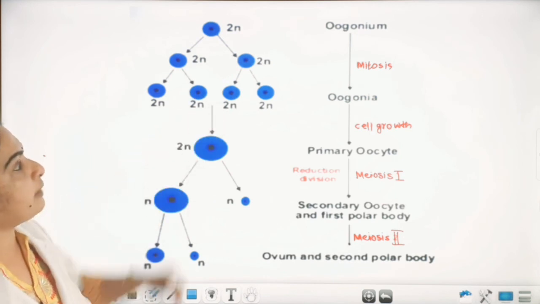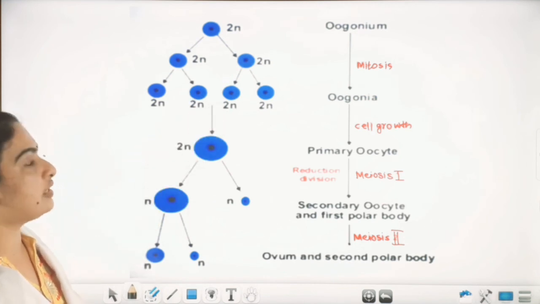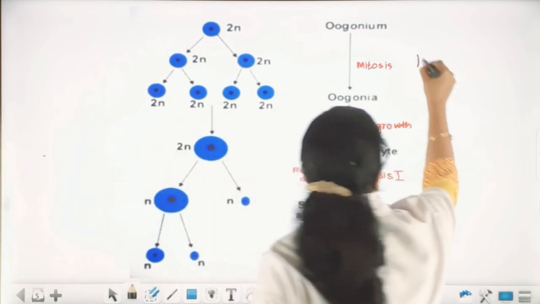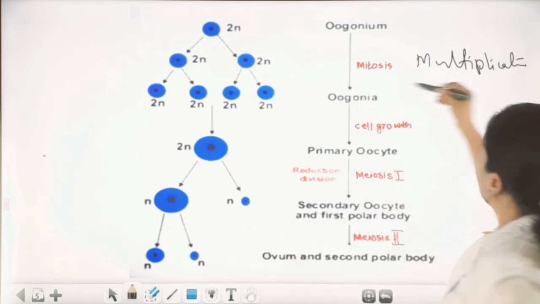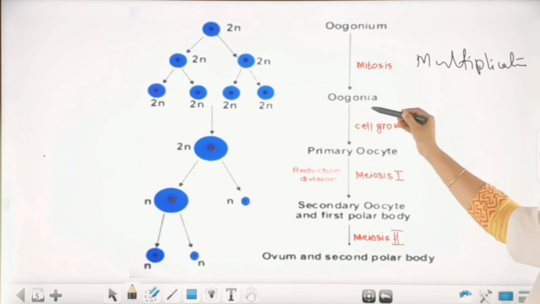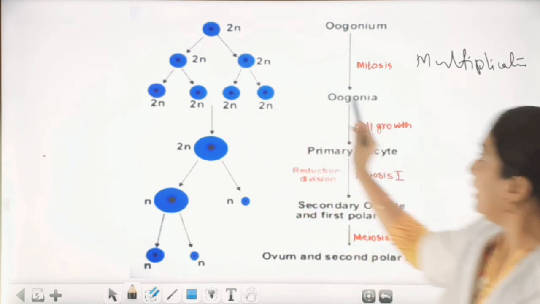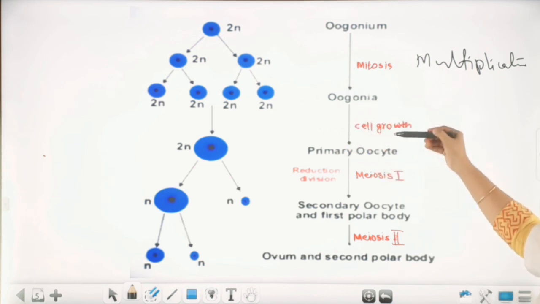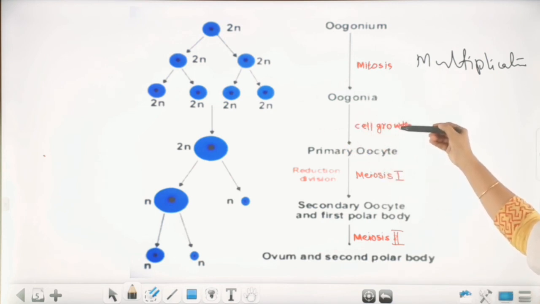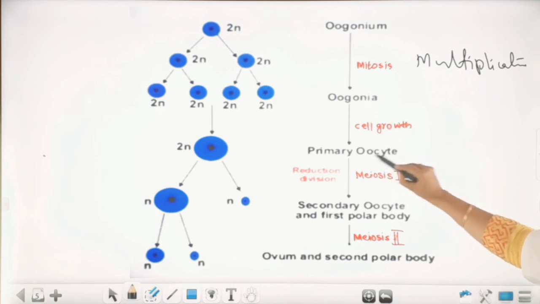So the oogonium undergoes mitotic division, and that is the multiplication phase. Okay, multiplication phase, and after mitosis it forms several oogonia. Okay, all are diploid, and these oogonia undergo enlargement or increase in size to form primary oocyte.